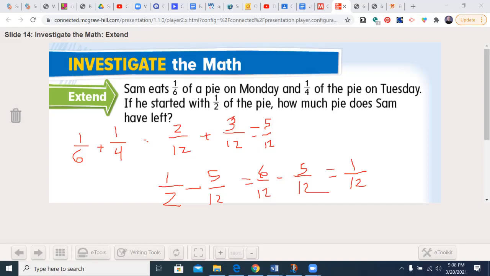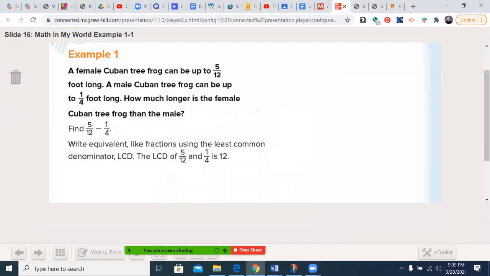Hopefully this is beginning to make a little sense to you. We're going to get into our lesson here in just a second. All right, we're going to begin in the book now. And this will be on page 651. The expectation is that you'll fill this in as we go.